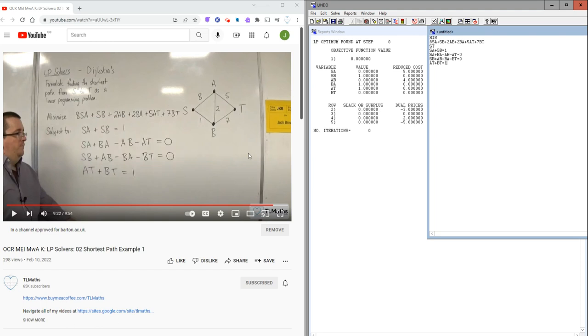So that would be the minimum if I forced AB to be included. If I forced BT to be included, then it would reduce cost by 0, because there is another way of getting the objective function of 8, which is just doing SB plus BT.